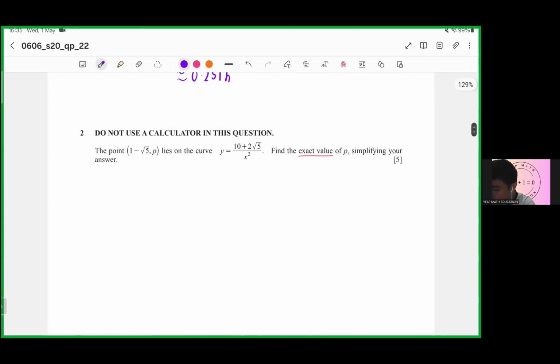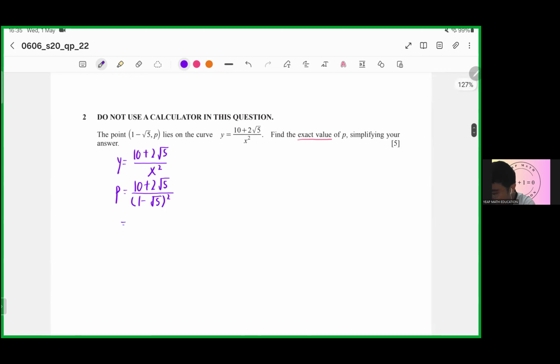Now we can put the values in first. y equals 10 plus 2 root 5 over x squared, right? So we can write p equals 10 plus 2 root 5 over, here we put (1 minus root 5) squared. Now I expand first.